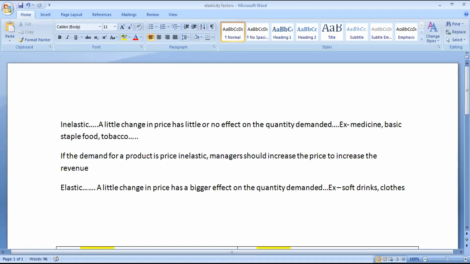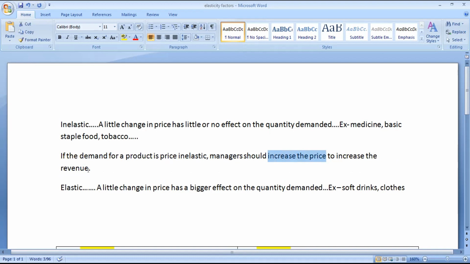Revenue is the money earned from the customers. Because even if you increase the price, it's not going to impact the quantity demanded much. Maybe only a few people will stop buying it, but that doesn't matter. You'll still be happy because you're getting a better price, and that means more money. When you increase the price and the demand does not change much, you are now getting more income, more revenue.